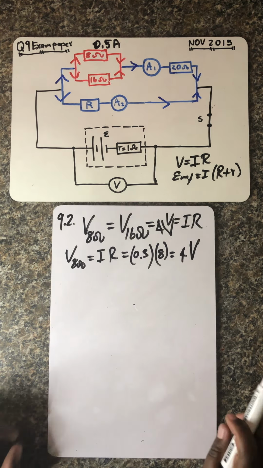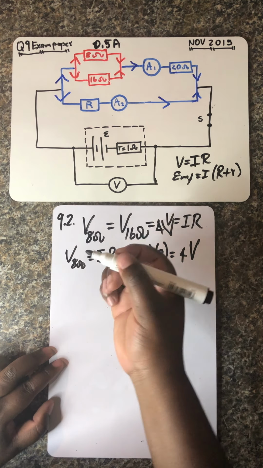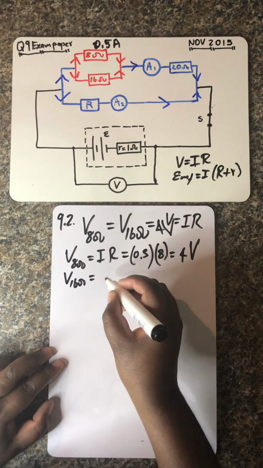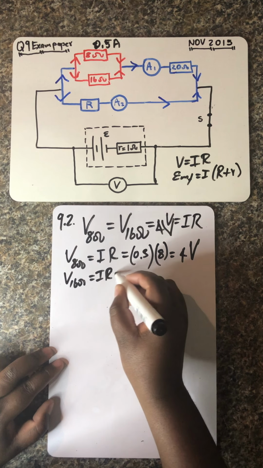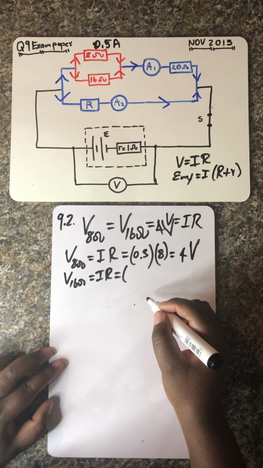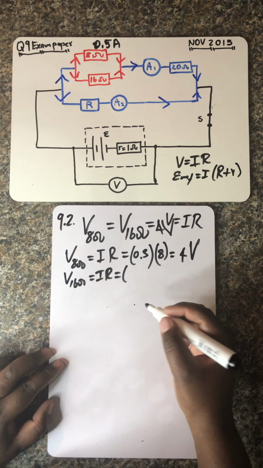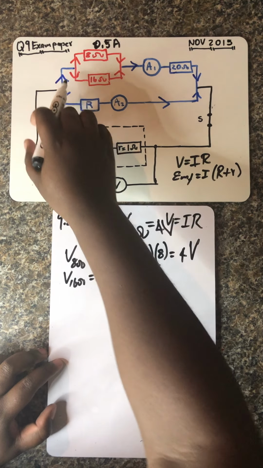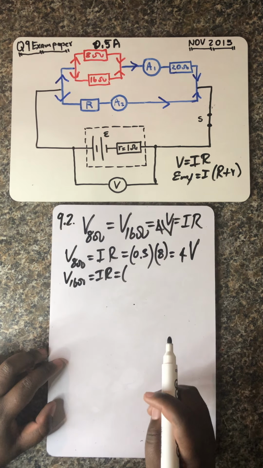Okay, so guys, now we can calculate the V of 16 ohms, right? Obviously the same formula. We know what is it? There's something that we don't know. Obviously, it's not the V that we're calculating, but the current flowing through the 16 ohms resistor.